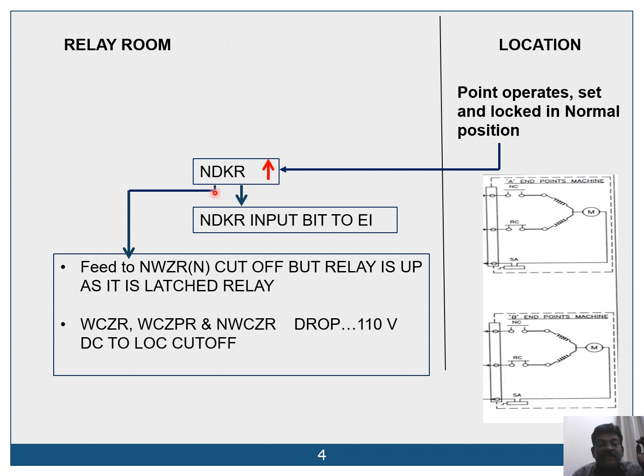At the same time, once this NDKR picks up, the feed to NWZR, which was in picked up condition, is cut off. But the relay is in pickup condition only. As I have told you, NWZR is a latched relay. Hence, this relay will remain picked up even when the feed is cut off. Similarly, WCZR, WCZPR, and NWCZR, these three relays drop. Once these drop, 110 volt DC which is going to the location is cut off.